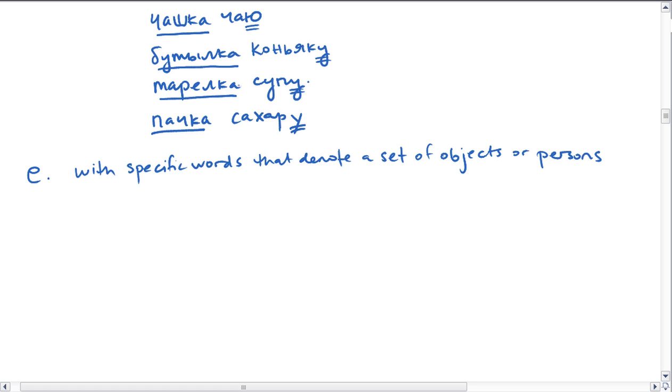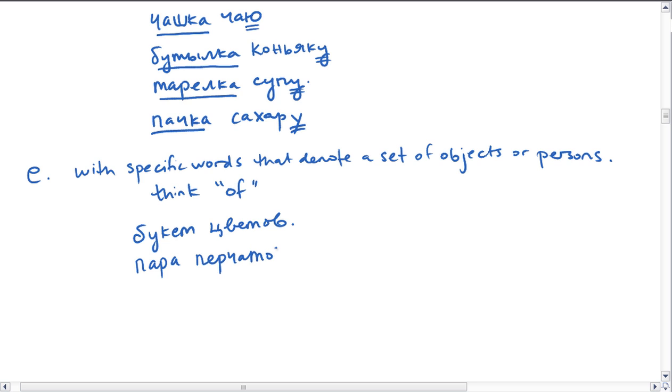So, букет цветов, a bouquet of flowers, right? Or пара перчаток, a pair of gloves.